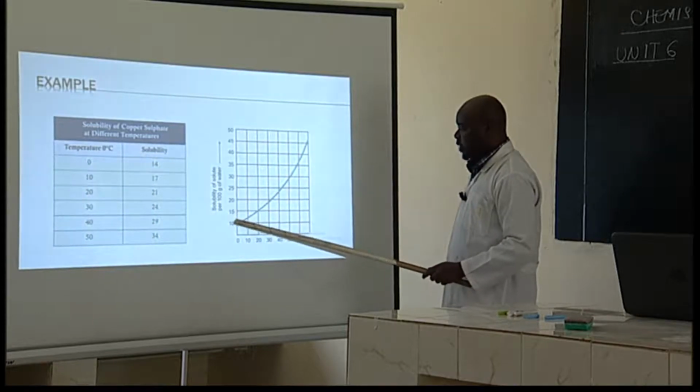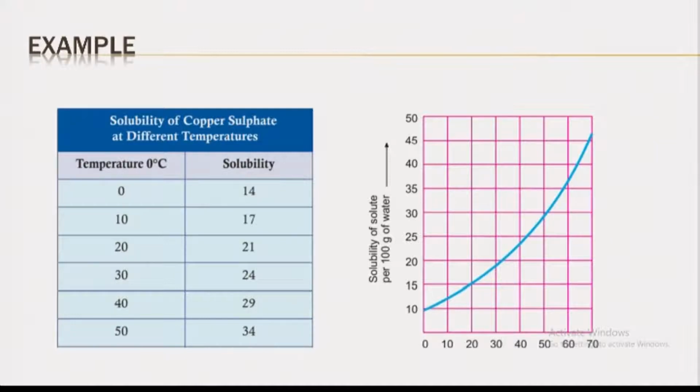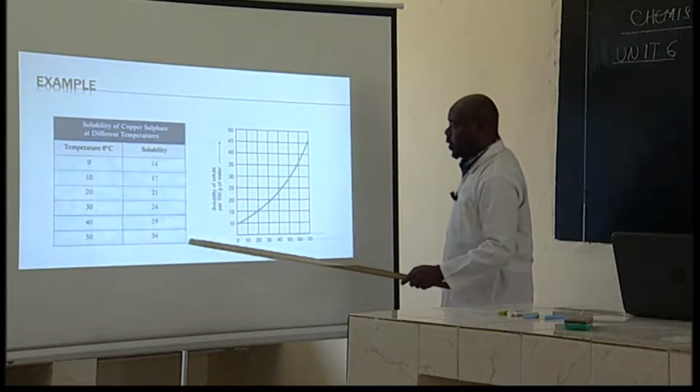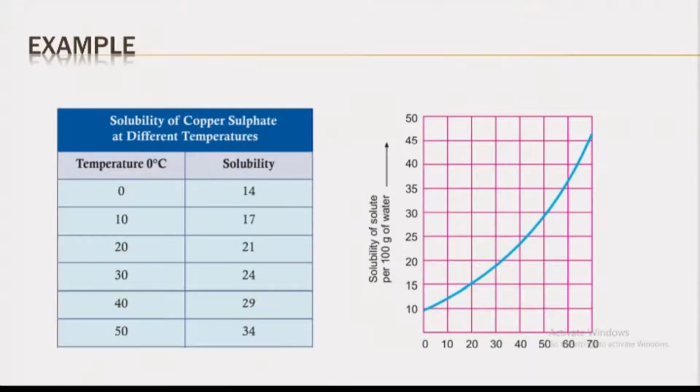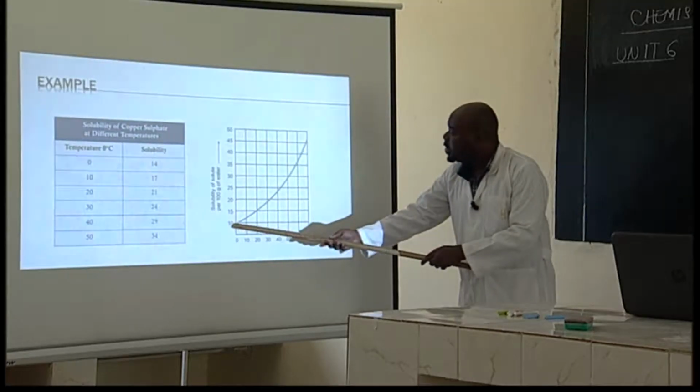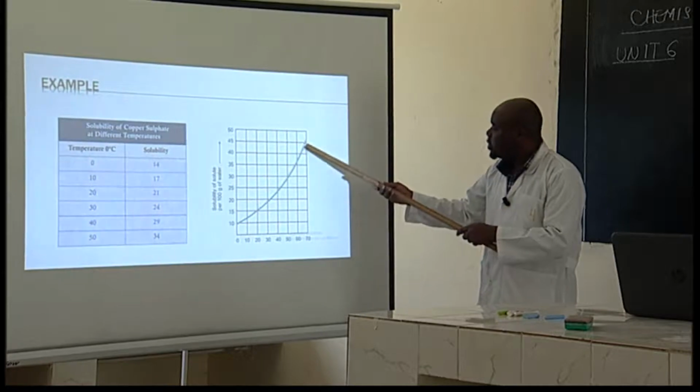Here there is a mistake, but it should be somewhere here. When we have a temperature of 0, then the value will be somewhere here, 14. When we have 10, it will be something like 17. So the value will go increasing, or the solubility curve will also increase.